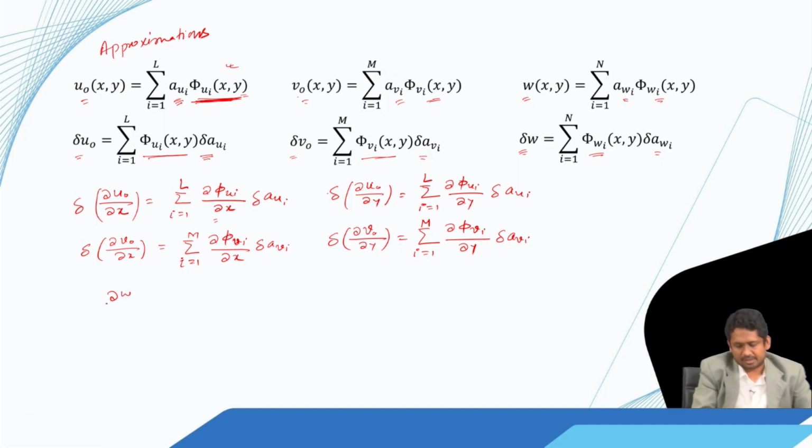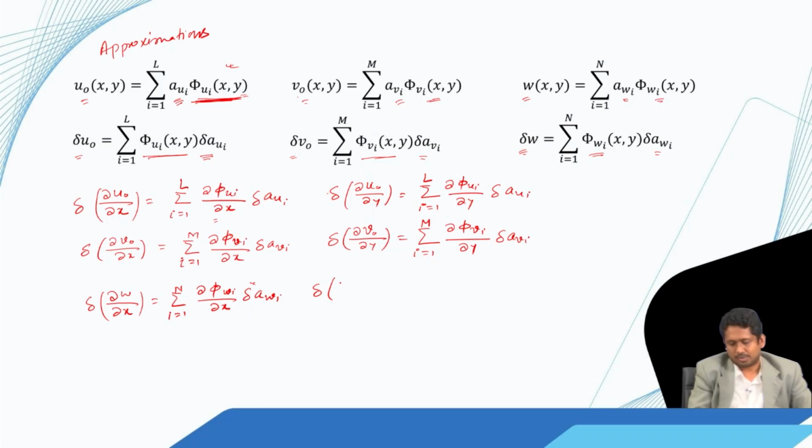We can define del W by del x as summation I equal to 1 to n, del phi W by del x multiplied by AWI, and if I take variation, then we have variation here also.